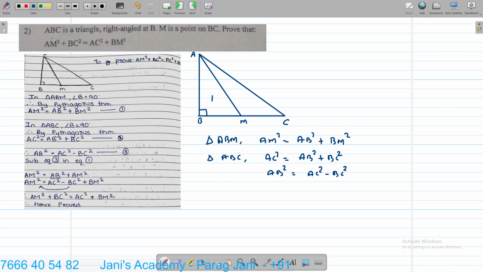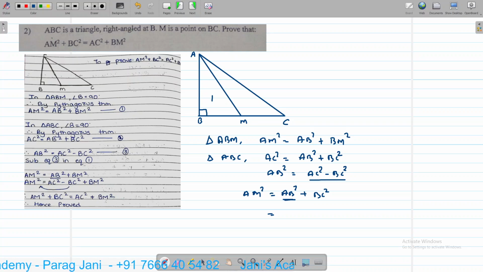Now you have to put this value in the first equation. What was your first equation? AM square is equal to AB square plus BM square. Now what is the value of AB square? AC square minus BC square. Just replace it: instead of AB square, write AC square minus BC square.